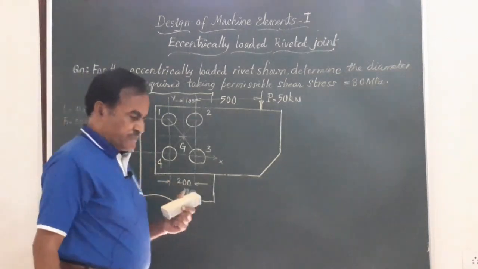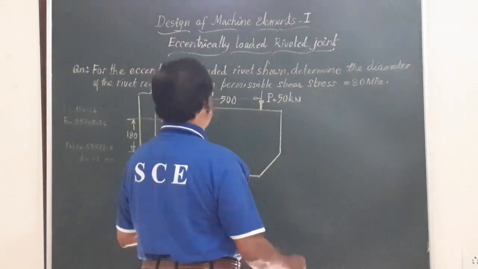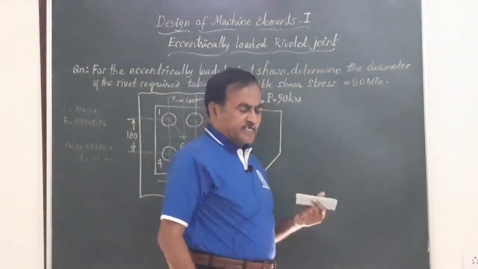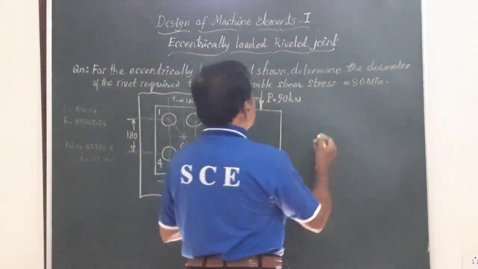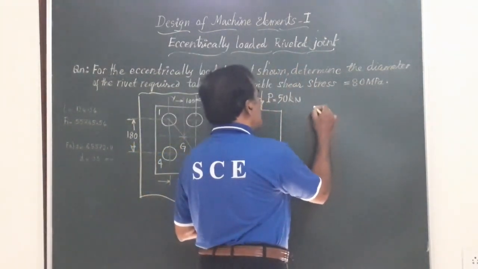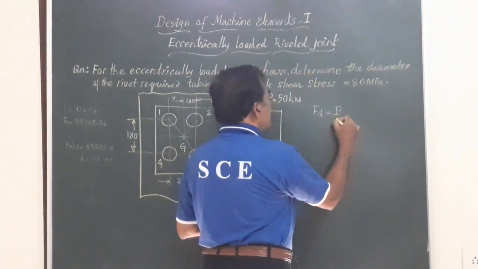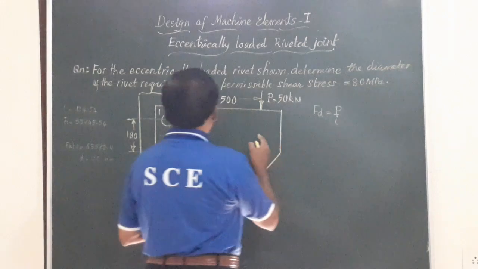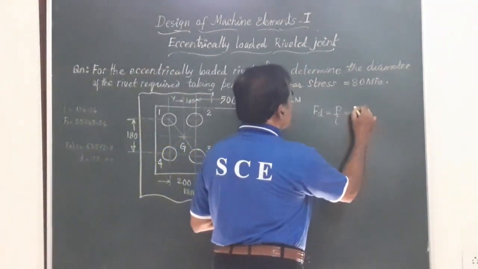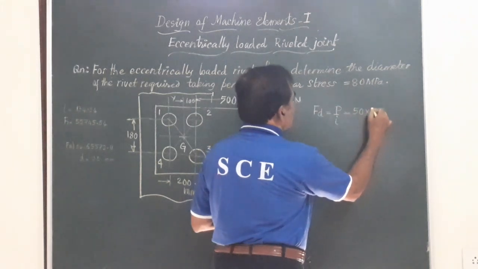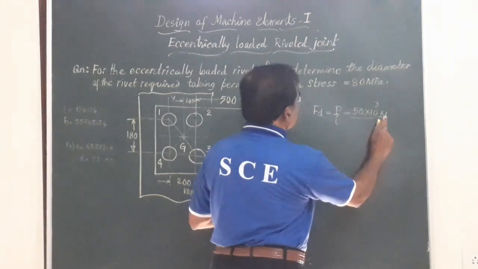Friends, now as per the regular procedure followed, let us calculate the values of the direct load, the secondary load, etc. To start with, the direct shear load FD is given by P by I, where P is the total load the rivet system has to sustain, that is equal to 50 kilonewton, 50 into 10 to the power of 3 Newton, and I is the total number of rivets in the system.